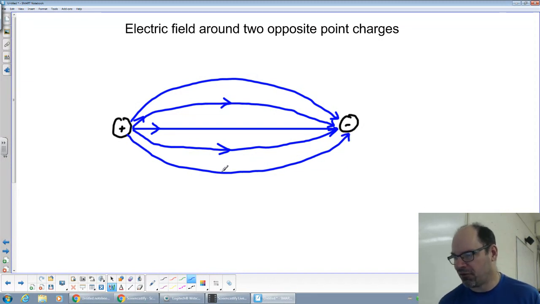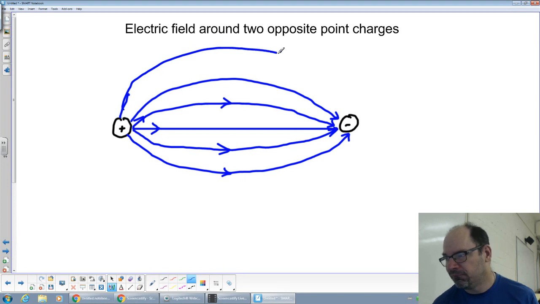That's kind of like the inside. And if you go out even more, say up at the top here, it goes out straight and then bends around, like this.